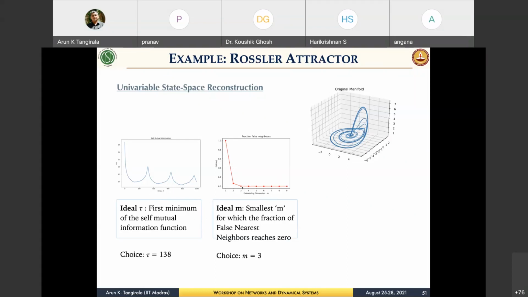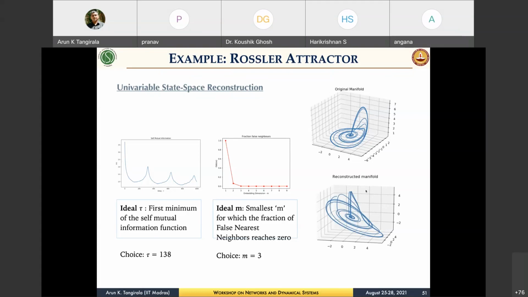In this case, the first minimum occurs at 3. In fact, it stays flat thereafter. So this is similar to your many other plots where you don't know the order of the polynomial, and you use an elbow or a scree plot to figure out what is the order of the polynomial, or the number of principal components you require, and so on. So for this example, it turns out the embedding dimension is 3, and this is the original manifold, and this is the reconstructed manifold.